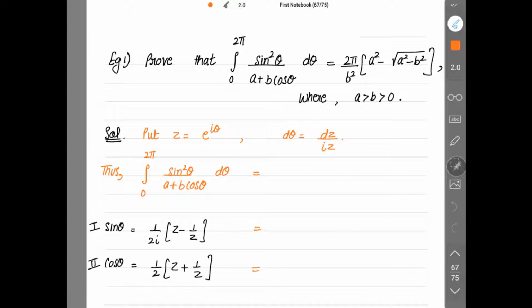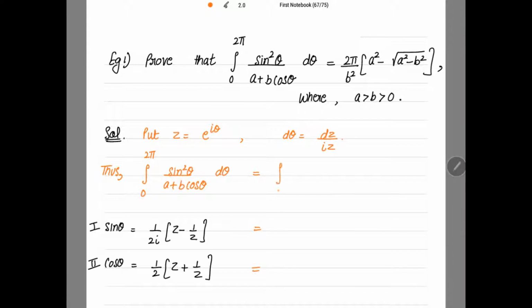Thus this integration will be equal to, alright, we know that at the very start of the contour integration, I have written some remarks, and there I mentioned that sine of theta is equal to 1 over 2 iota into z minus 1 over z, and cos of theta is equal to 1 over 2 into z plus 1 over z. So what are we waiting for? Let's put these values in this integration.